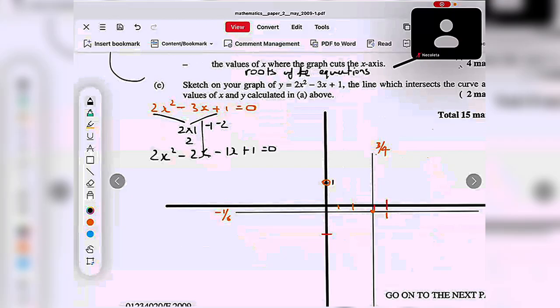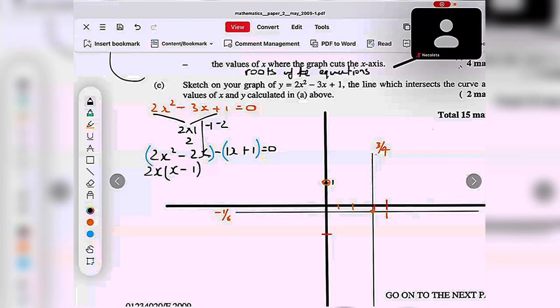All right, so the common factor now is what now? 2x bracket x minus 1.